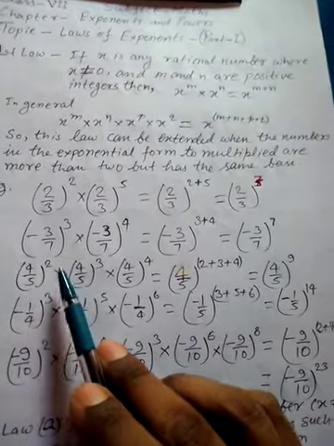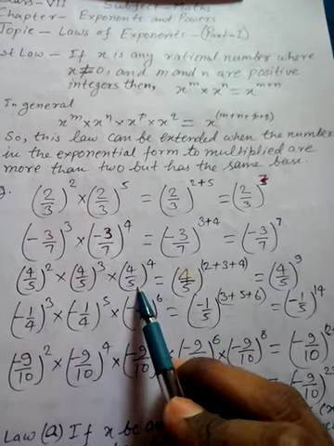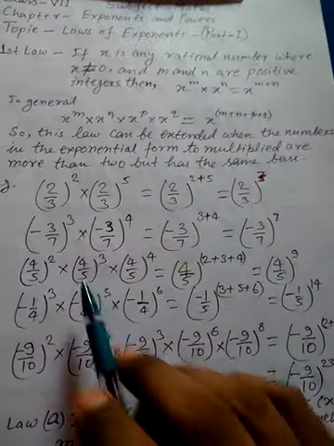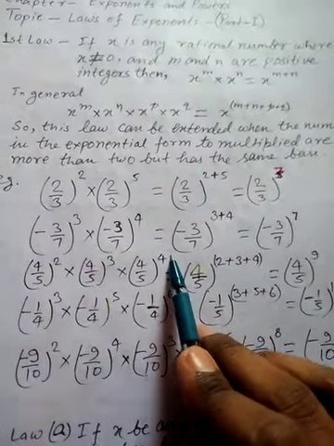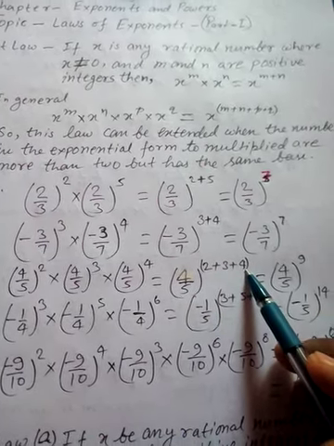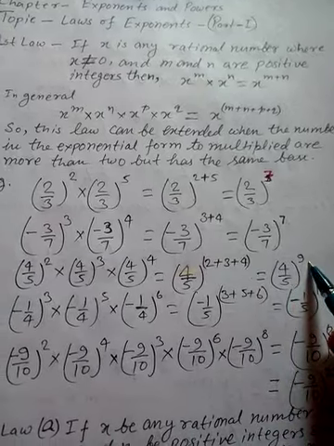4 by 5 to the power 2 into 4 by 5 to the power 3 into 4 by 5 to the power 4. You can see there are three numbers multiplied and the powers are 2, 3 and 4. Then 4 by 5 to the power 2 plus 3 plus 4, that will be 9. So 4 by 5 to the power 9 is the answer.